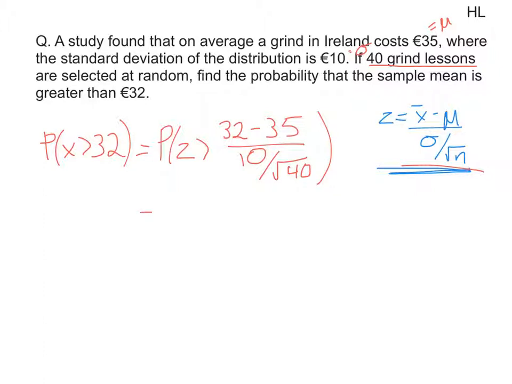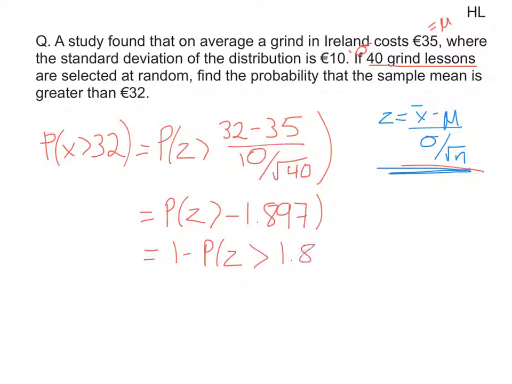When we tidy that up, we will get the probability that z is greater than minus 1.897. However, our normal distribution table on page 36 and 37 of our log tables does not have negative z values. So what we do is we say this is equal to 1 minus the probability z is greater than 1.897.